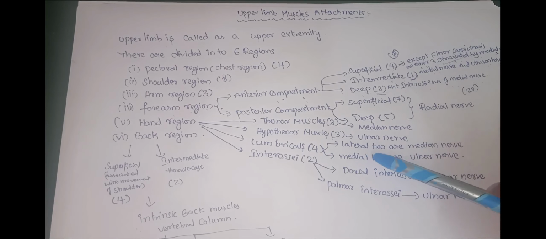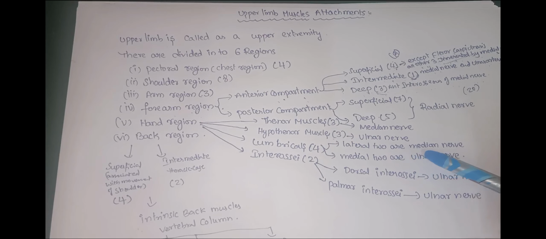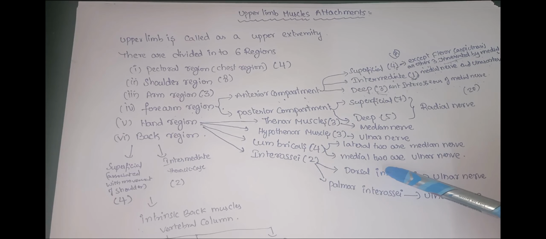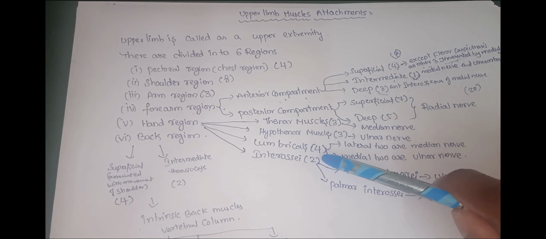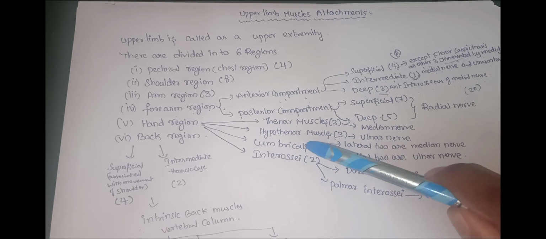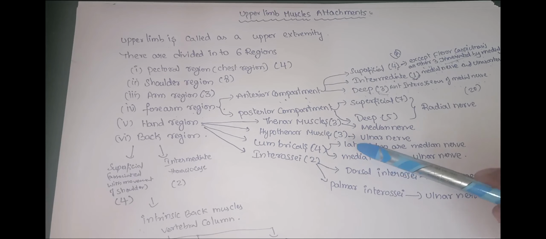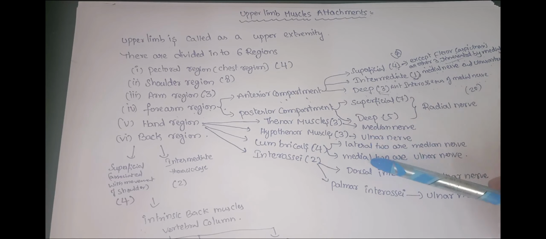The lateral 2 lumbricals are innervated by the median nerve, and the medial 2 lumbricals are innervated by the ulnar nerve.